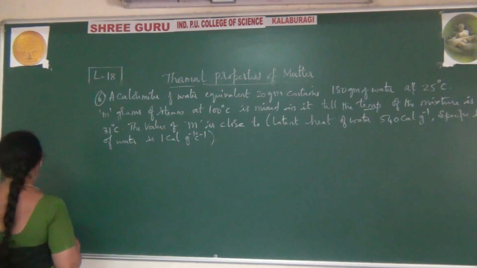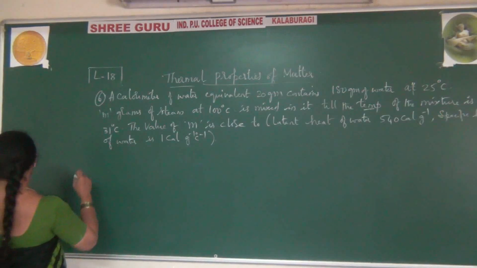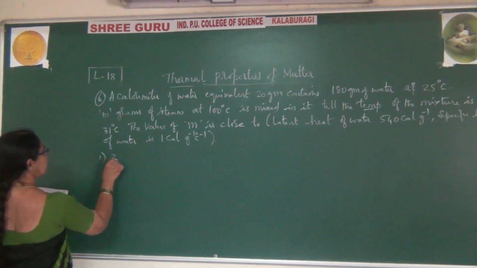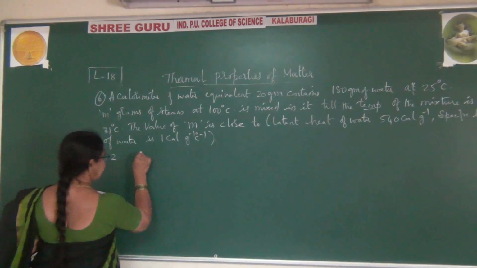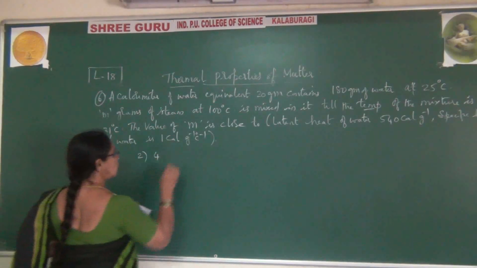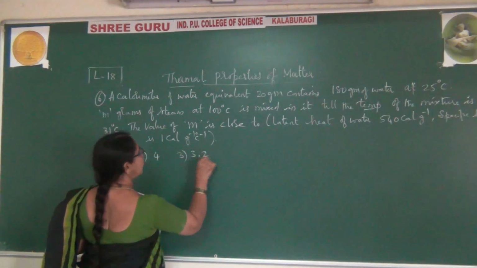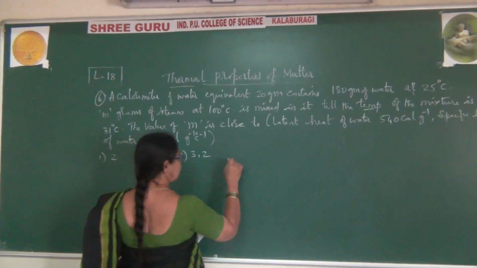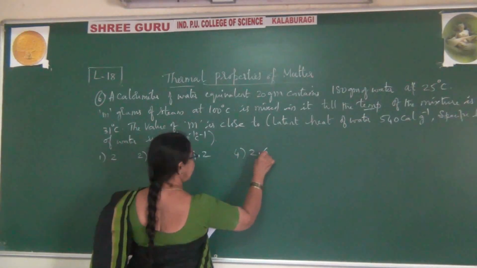The options given are: option A is 2, second one 4, third one 3.2, fourth one 2.6.